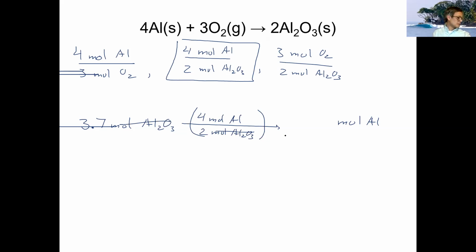So let's plug in our numbers. And then we end up with an answer of 7.4 moles. Folks, be mindful of significant figures here. There's 2 sig figs in the starting amount, so we'll need 2 sig figs here as well. Make sure you are mindful of significant figures when you get this done. All right. I think that's pretty straightforward, folks.